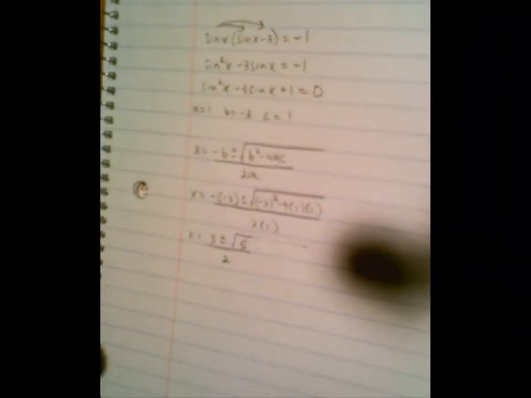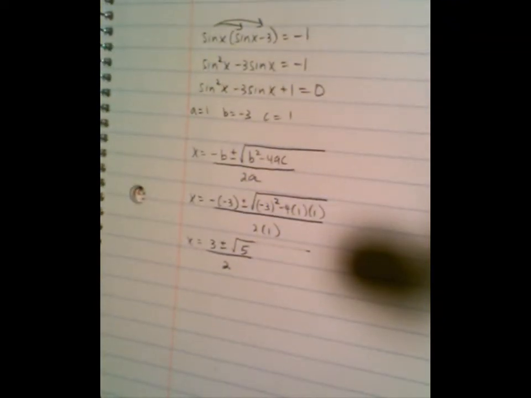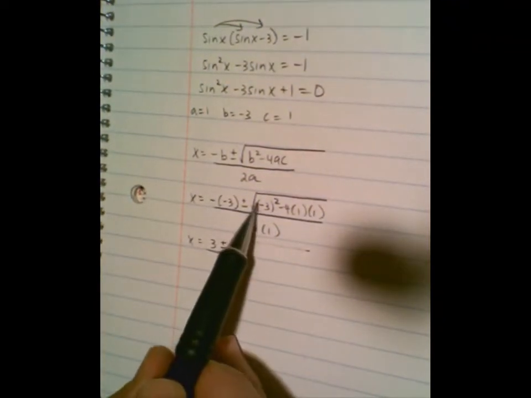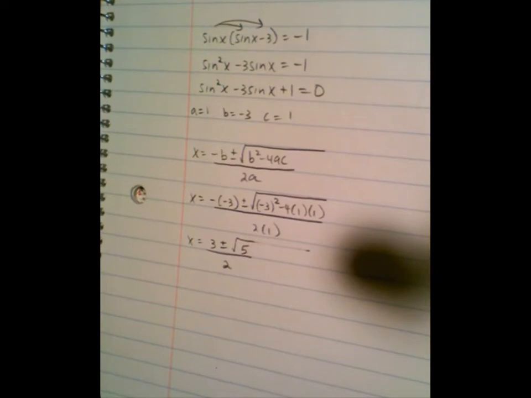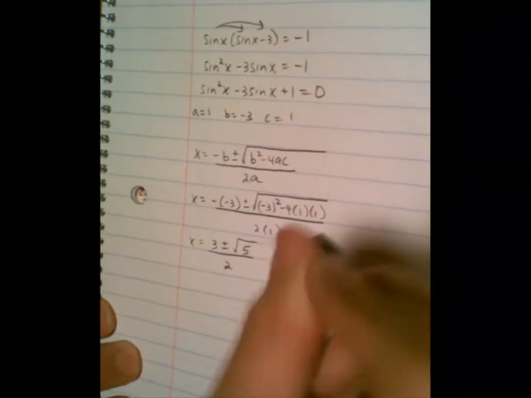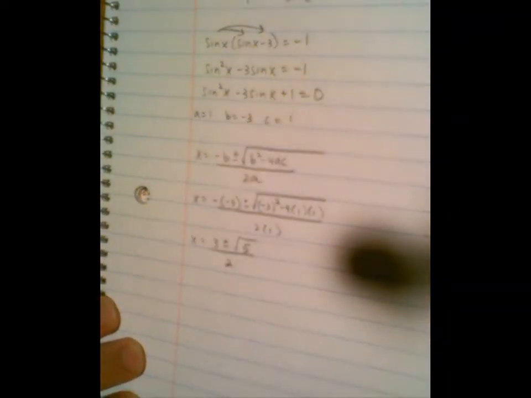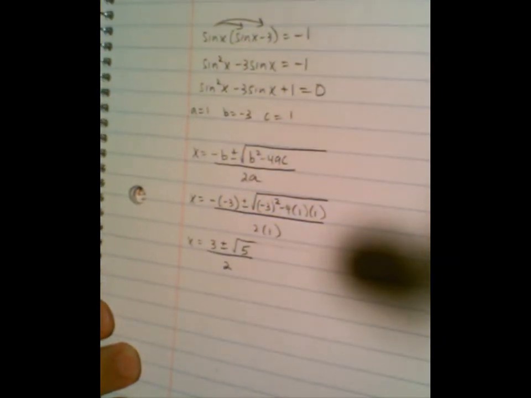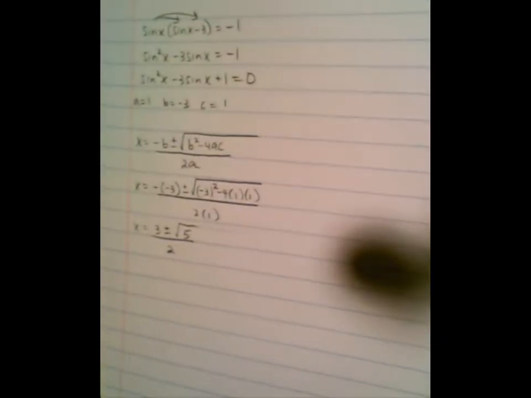Now, for the record, if you did have a calculator and you didn't put the -3 in parentheses before you squared it, you would come up with the wrong answer. Okay? So now I have this, 3 plus or minus the square root of 5 over 2.